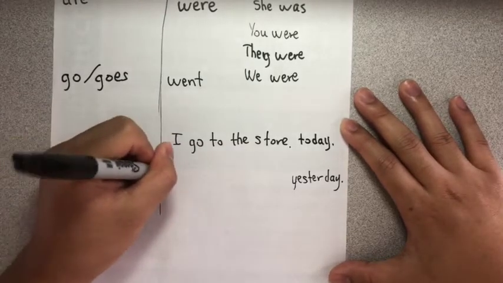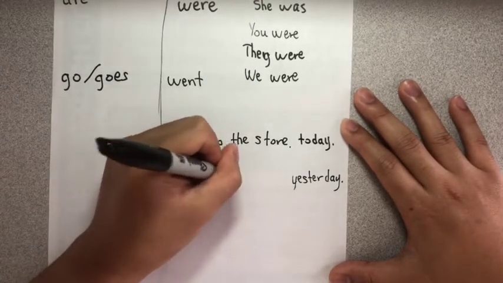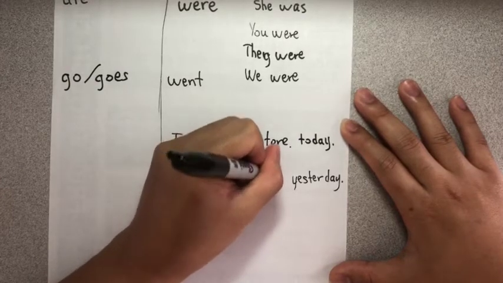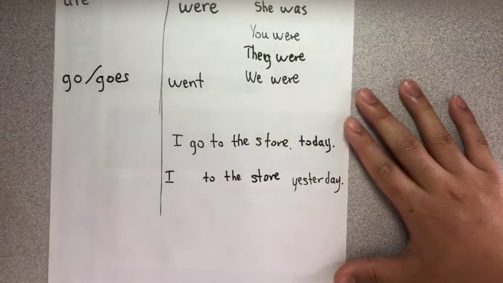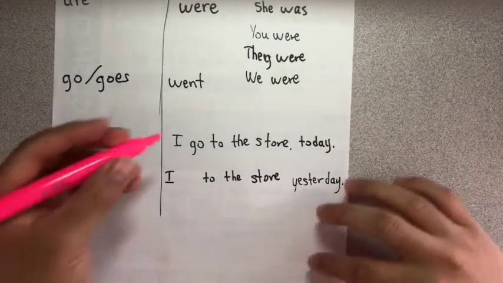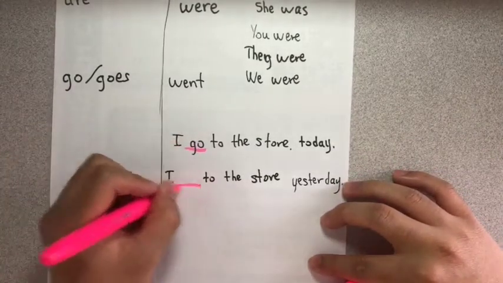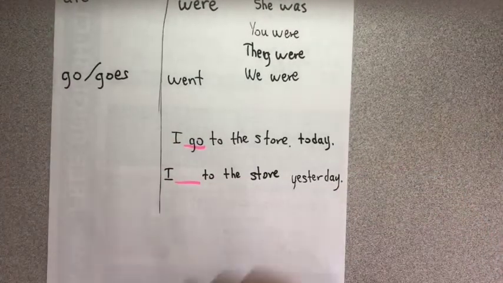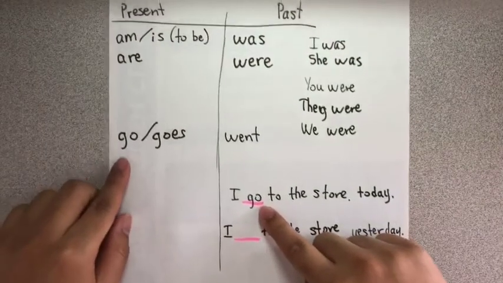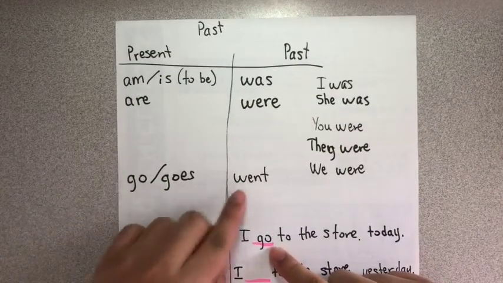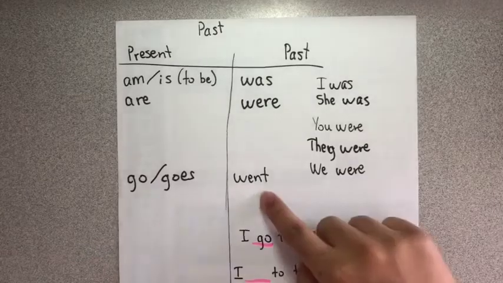All right, so we have I to the store yesterday. But we changed the word go. Go is in present tense. We need to write the word in past tense, so we use went.